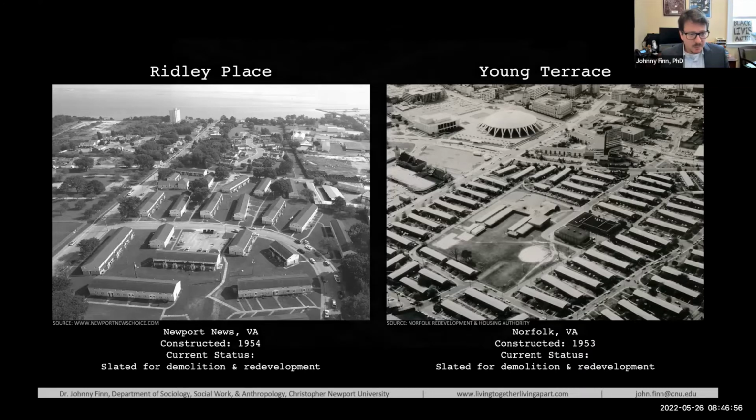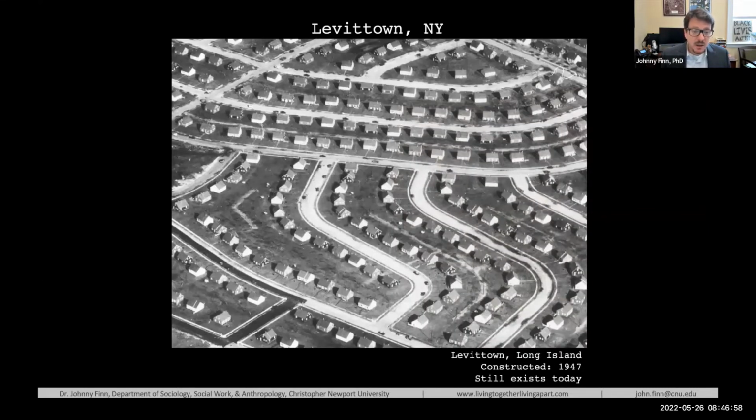And at the same time, the FHA was financing the build out of the American suburb. And we frequently hear about this great suburbanization that was happening starting in the 1940s, but especially 1940s through the late 1960s or early 1970s.